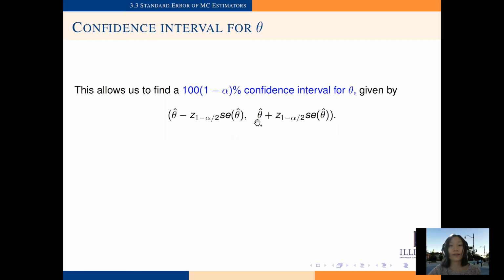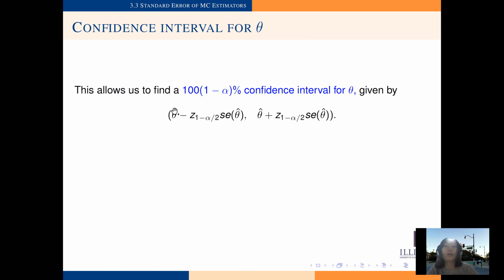And the upper bound is theta hat plus z, some z value, times the SE of theta hat. In this case, the SE of theta hat can be estimated from our finite Monte Carlo samples. And the z here is the critical value under the normal 0-1 distribution that we try to find.